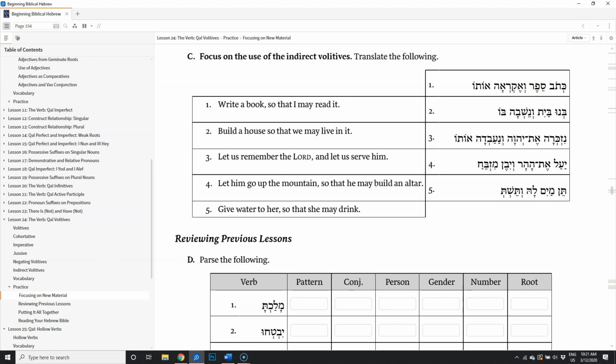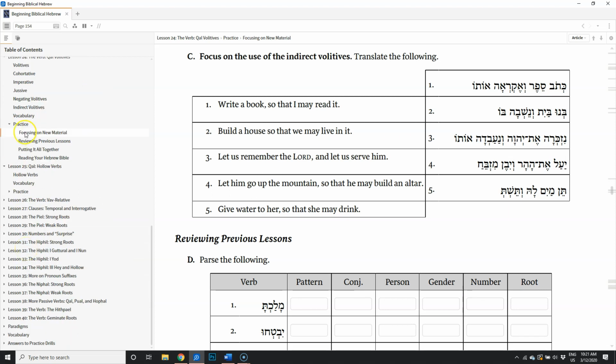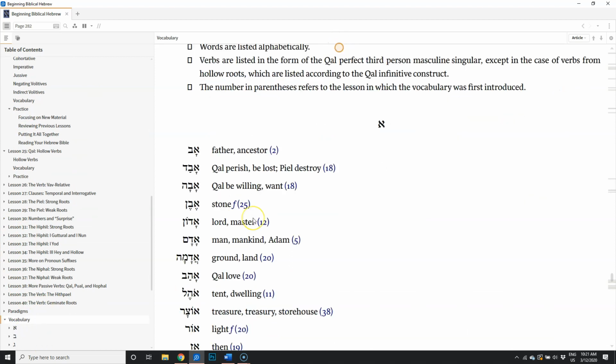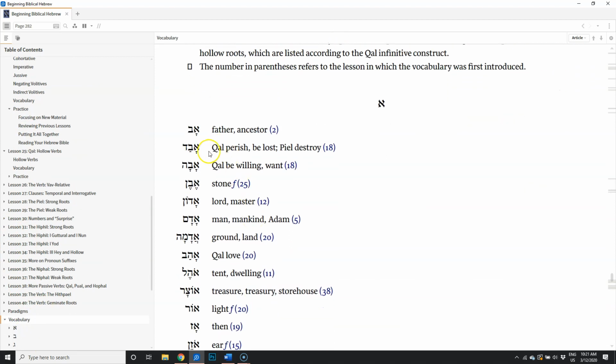Let me go ahead and check my lexicon here for what that other one is, because now I'm starting to give you mnemonics that may not be helpful. Perish. Okay, so I wanted to evade perishing. It's sort of a false mnemonic, false cognate idea. Avad, I want to evade perishing. I want to evade being destroyed. That sort of thing.